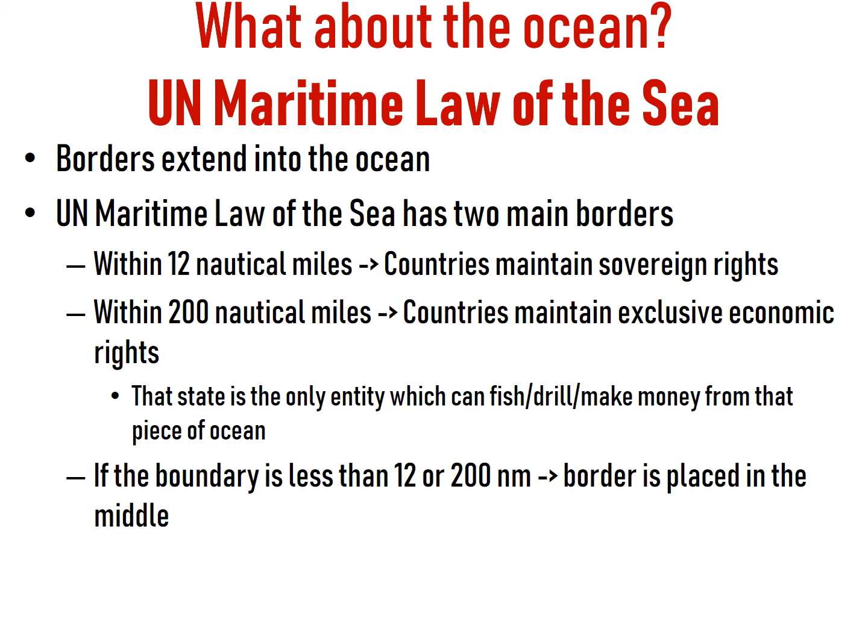That means other countries can go into that area, other countries can sail into that area, they can do things there, but they can't do anything involving the economy. The state is the only entity that can do anything involving that piece of ocean that makes money from it. Now, say there's two countries that are within 12 nautical miles of each other or within 200 nautical miles of each other, then the border is just placed in between.